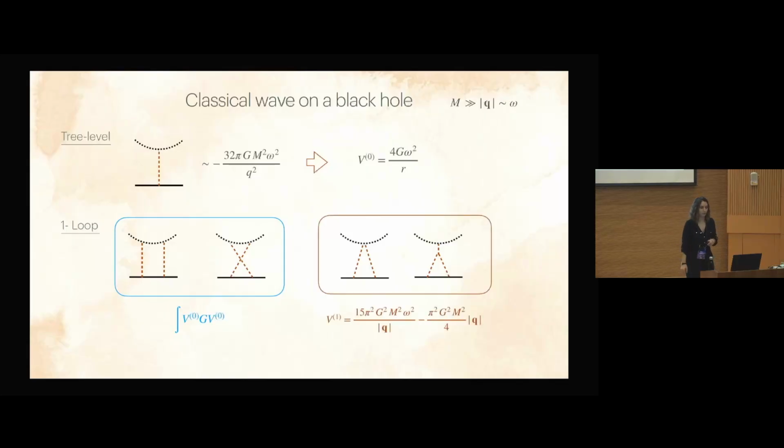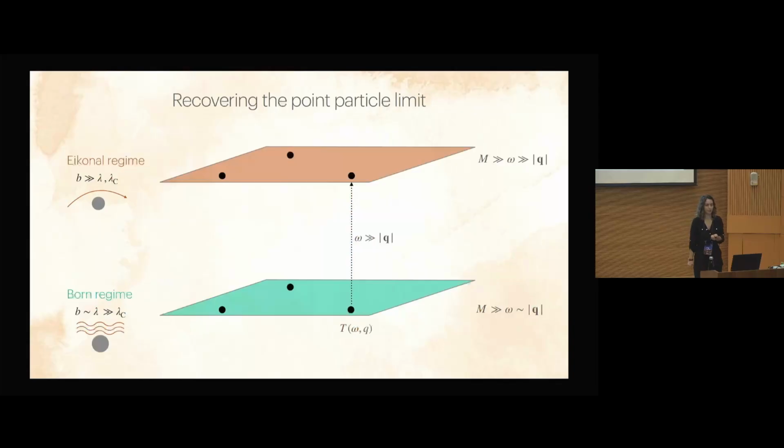Okay, what about the rest? The rest, if you compute this, you get two pieces. What are these two pieces? So to understand that, let me first take the eikonal limit, or like the post-Minkowskian limit that you may be more familiar with. How do we do it? Well, if we want to take the eikonal regime, we're going to have to take a large frequency limit that brings us to the geometric optics approximation.